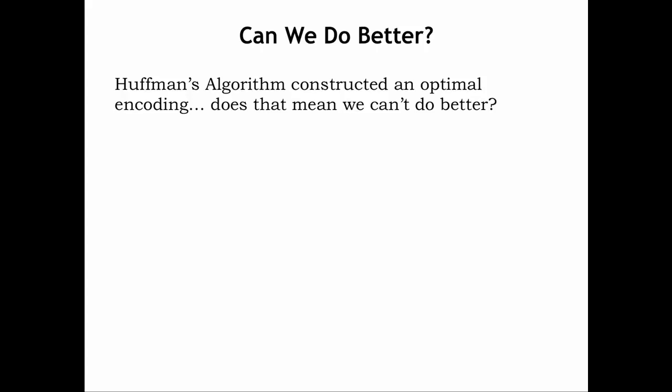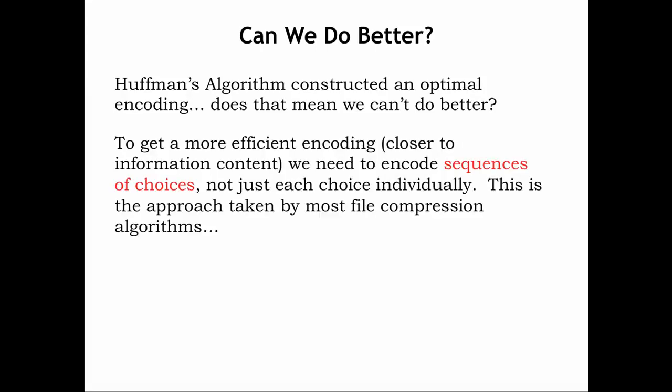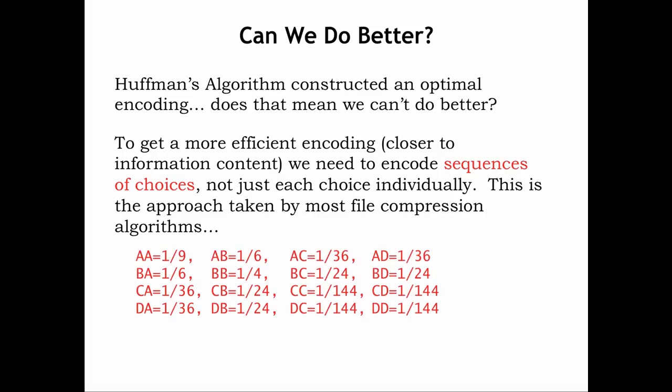Optimal sounds pretty good. Does that mean we can't do any better? Well, not by encoding symbols one at a time. But if we want to encode long sequences of symbols, we can reduce the expected length of the encoding by working with, say, pairs of symbols instead of only single symbols. The table below shows the probability of pairs of symbols from our example.